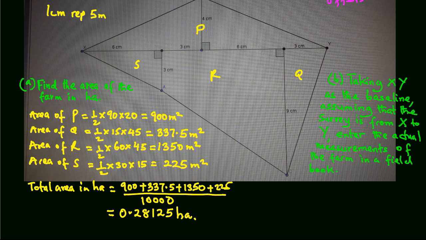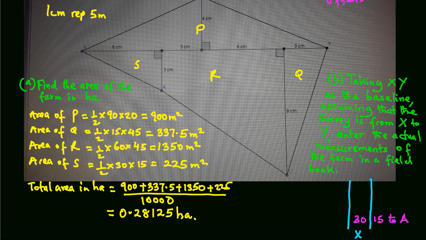And since we know the actual measurements, from X to the first offset is 30. So that is 30 meters. And the length of that offset is 15 meters. And the offset there is A.